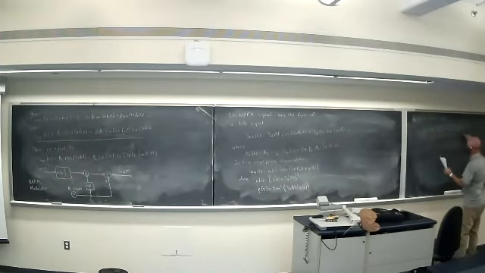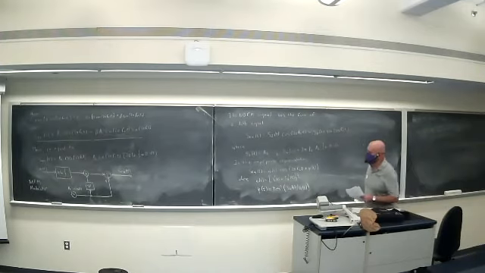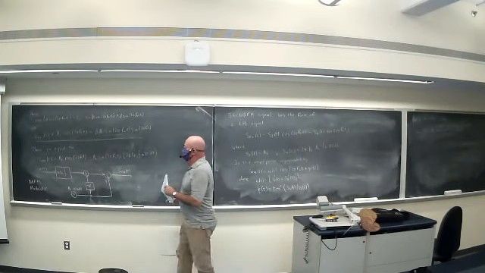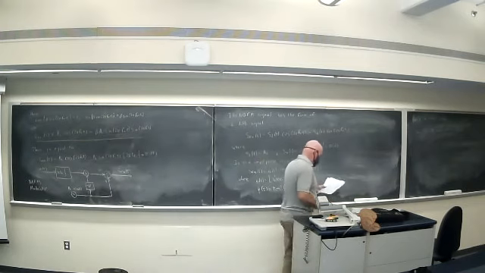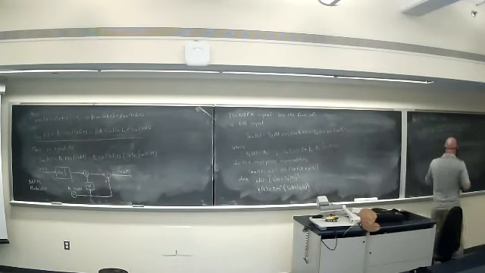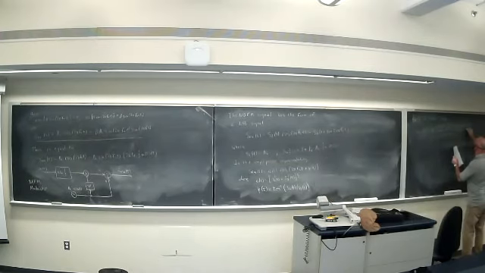Using this trig identity for the products of the two sines, we get 1/2 beta AC cosine of 2 pi, the sum frequency, fc plus fm, of t, minus cosine 2 pi fc minus fm of t, of the difference.